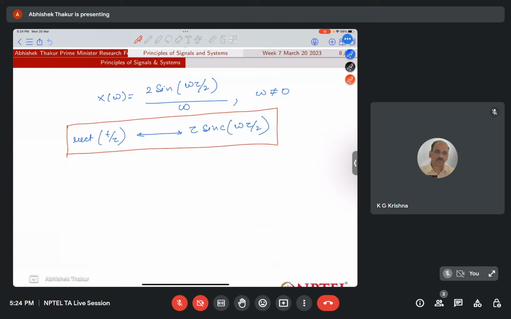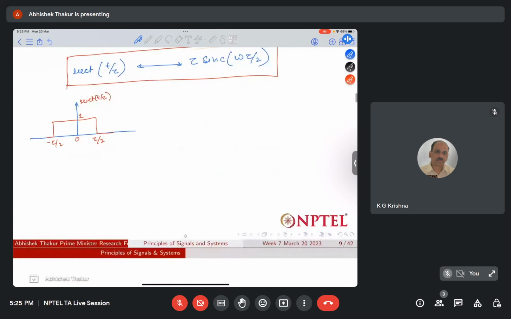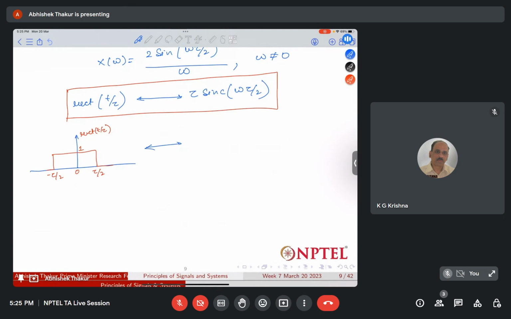Now if you plot this signal, here we will draw first our rectangular pulse, that is from minus tau by 2 to plus tau by 2, and the magnitude is 1. Now the Fourier transform of this will become a sinc function, which we know is an oscillating function and decreases like this.